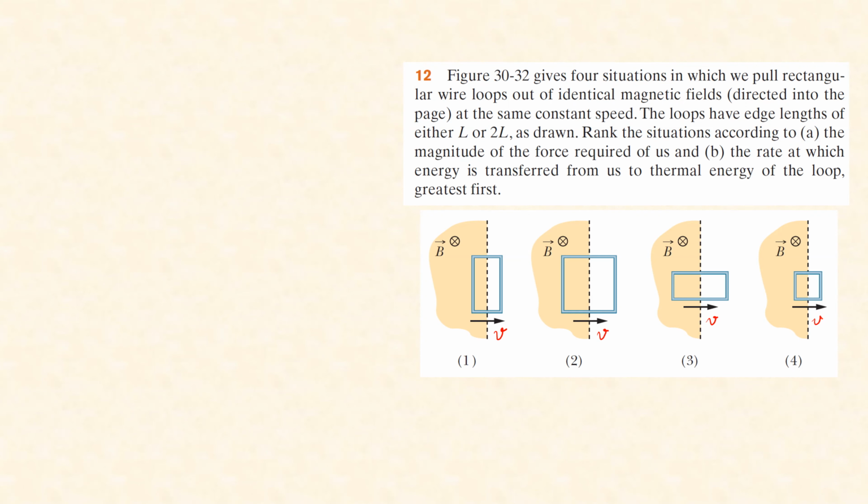Rank the situations according to A, the magnitude of the force required of us to do that motion, B, the rate at which energy is transferred from us to thermal energy, and the thermal energy of the loop.